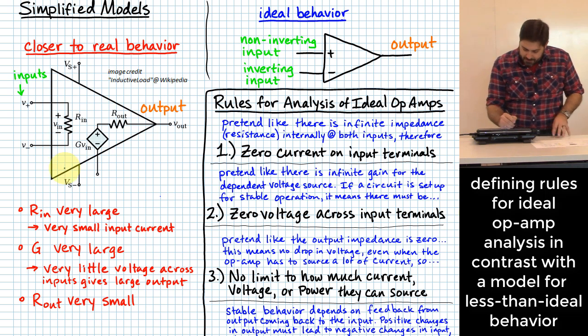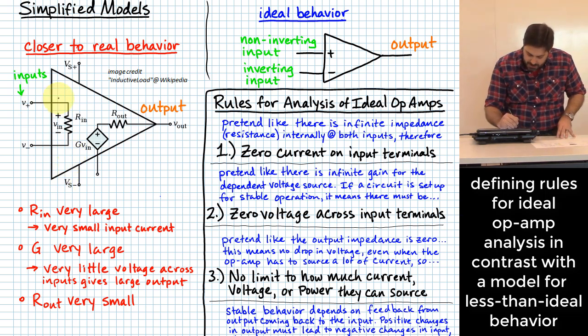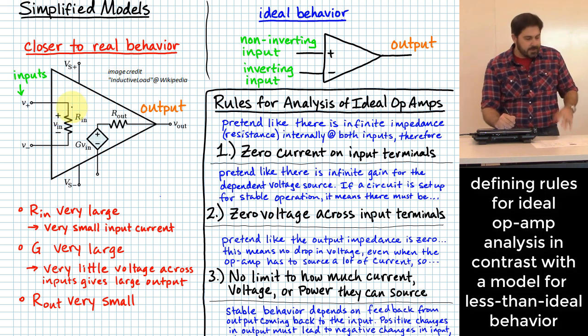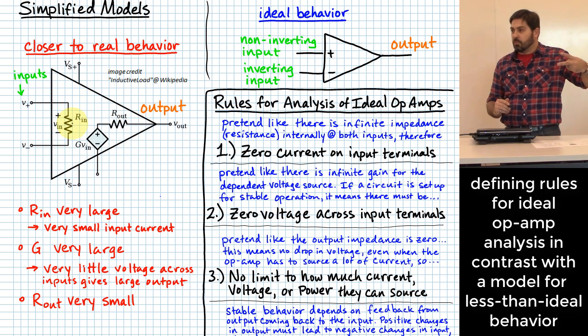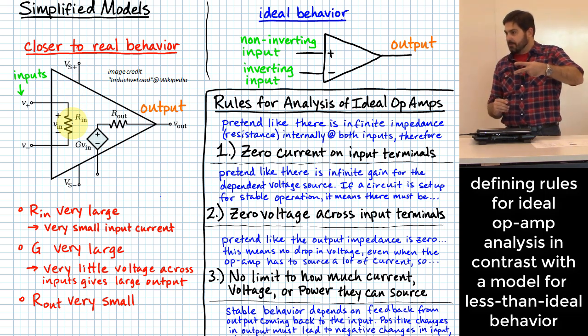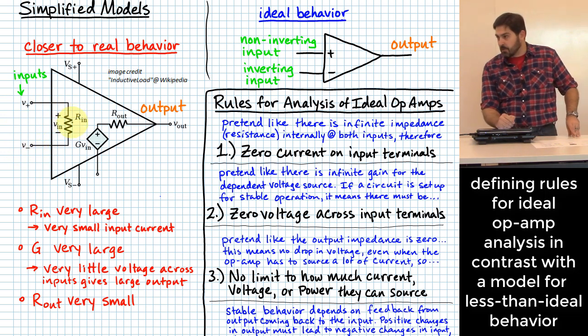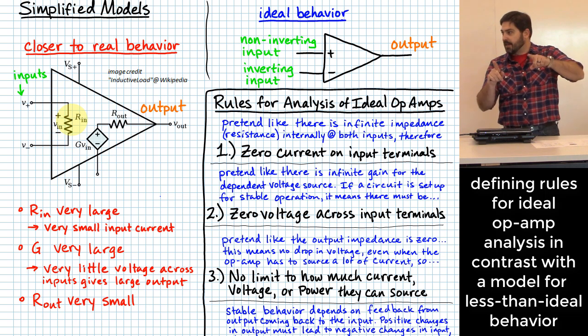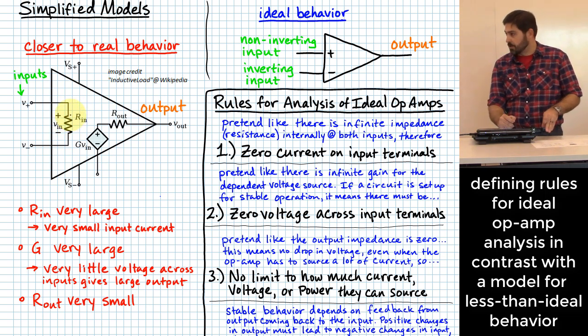On the left, what you see here is basically a rendition of what you can model as being inside of an op-amp, with respect to what it looks like from the outside. If you look into these terminals on the left, it might look like you have some kind of a resistor between those terminals, and it might let a certain amount of current through based on that resistance if you put a voltage across there.